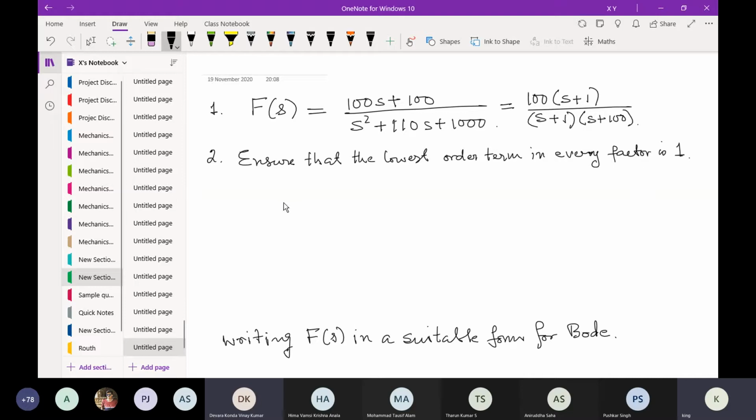So how do you do that? It's pretty easy. These two are nice terms, so we don't have to do anything about this.